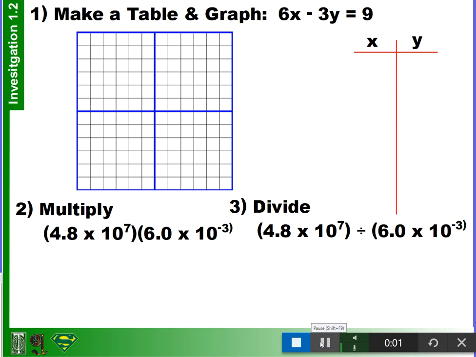Okay, so for problem number 1, you have to graph and do a table for this equation here. So first, I thought it would be helpful if you put it in y equals mx plus b format. To do that, I'd set up a little train tracks.